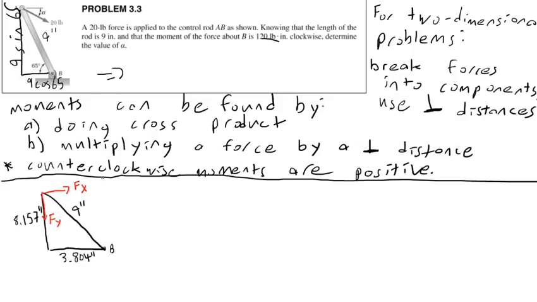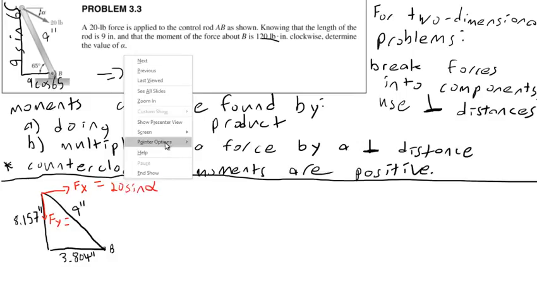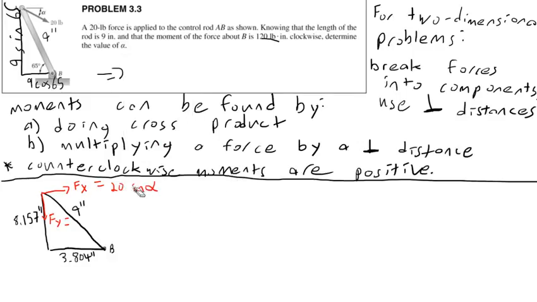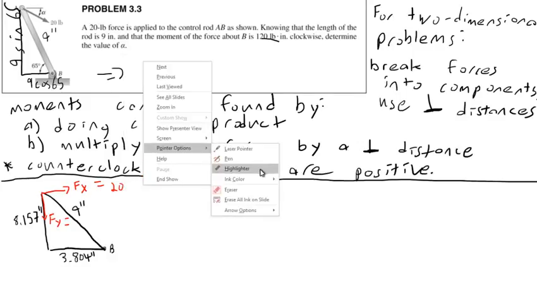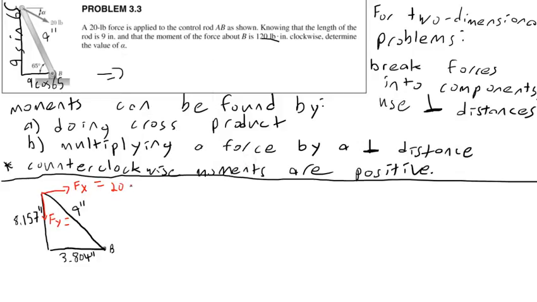Now I know Fx is going to be, since the overall force here is 20 pounds, Fx is going to be 20 sine alpha. And Fy is going to be equal, oh, I'm mixing up my sines and cosines. 20 cosine alpha, sorry.